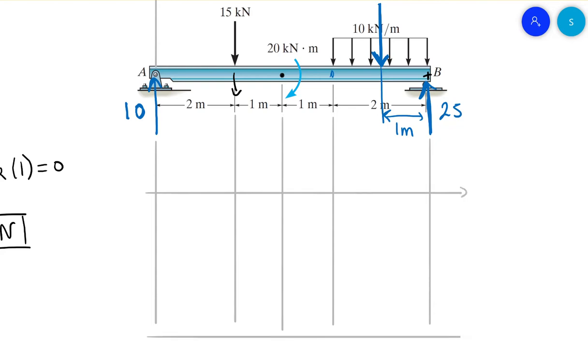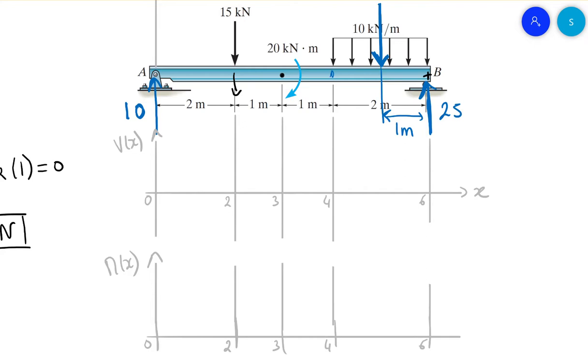Let's say this is X, this is the V of X, and this one will be M of X, the bending moment. So for X equals 0, 2, 3, 4, and 6.